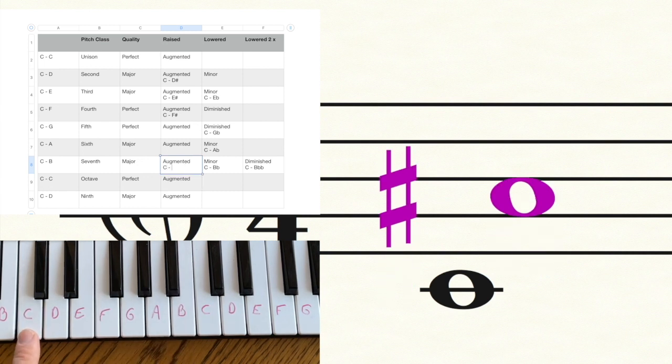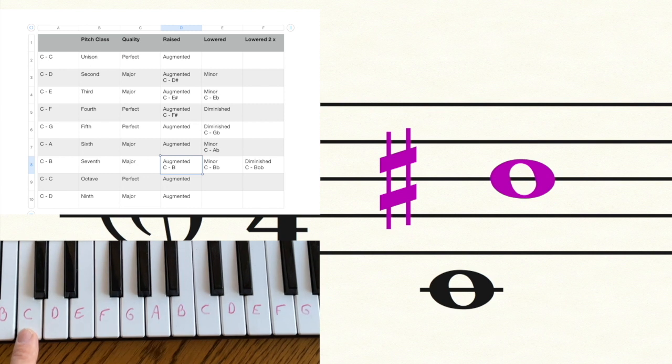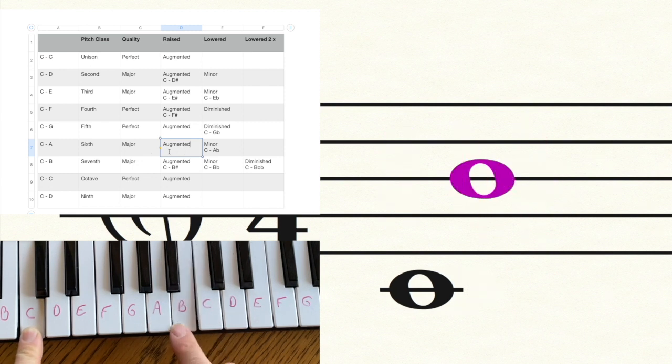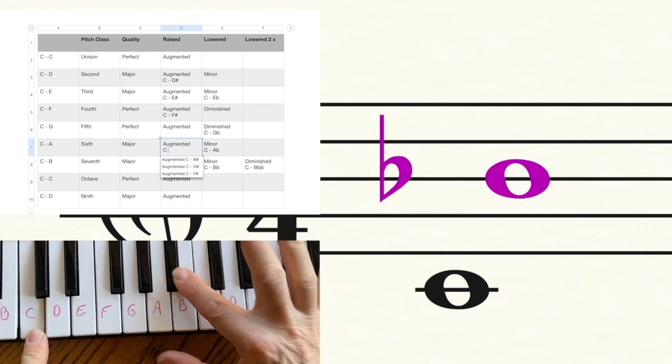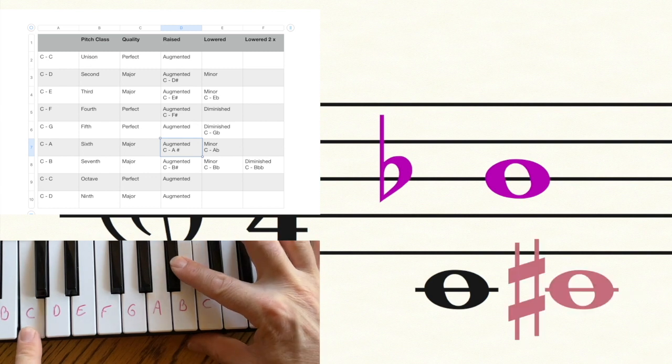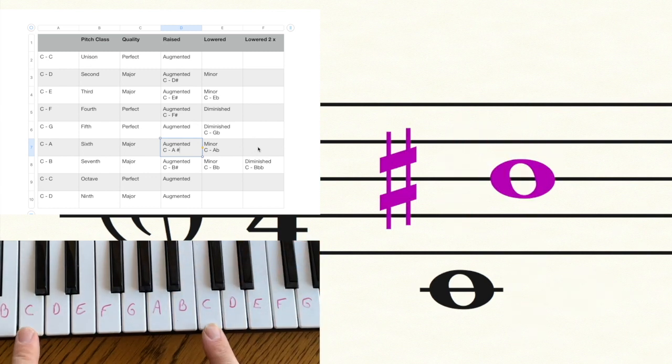Let's go up to our seventh. So that's a major seventh. And if we lower it, it's a minor seventh. And if you raise it, it's an augmented seventh.